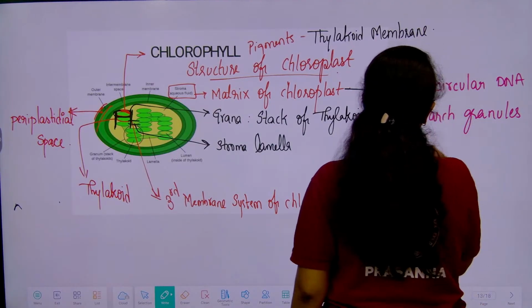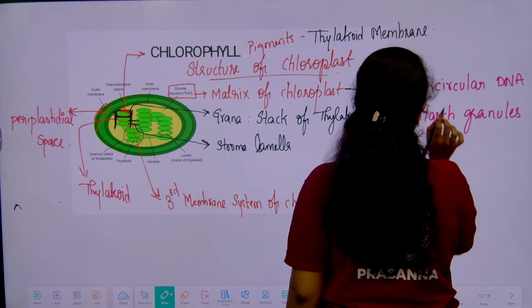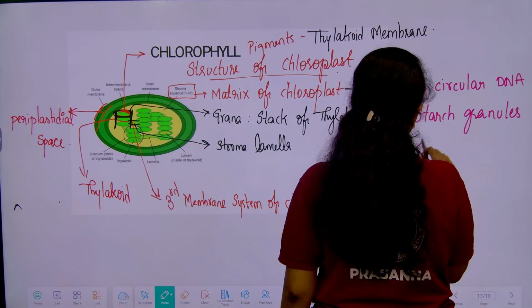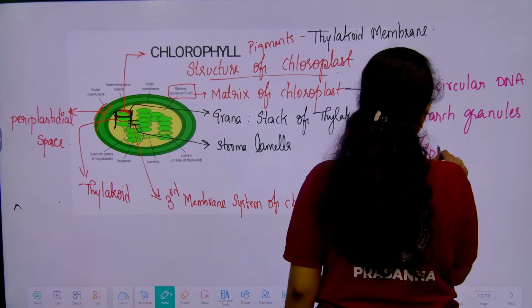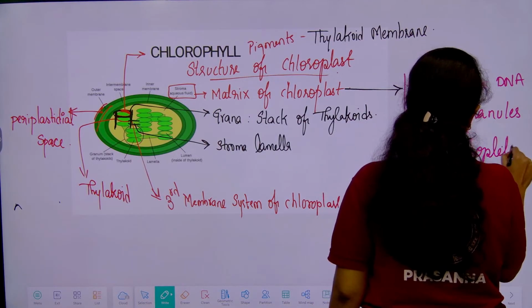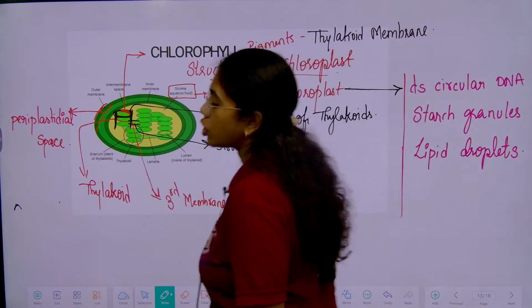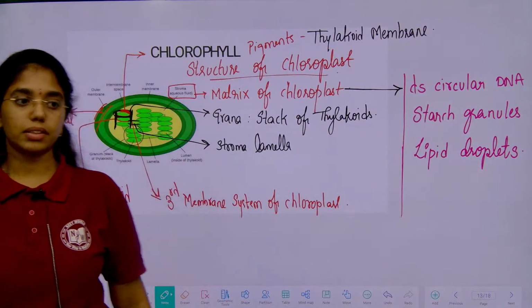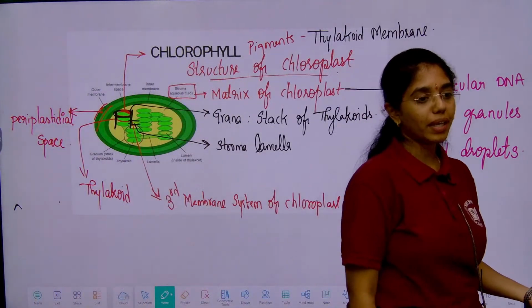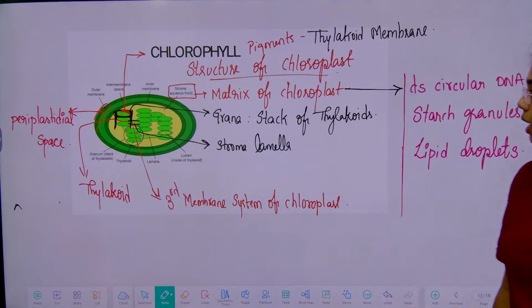It has lipid droplets as well. Clear? This is all about the organelle chloroplast, which is a semi-autonomous or self-duplicating cell organelle.